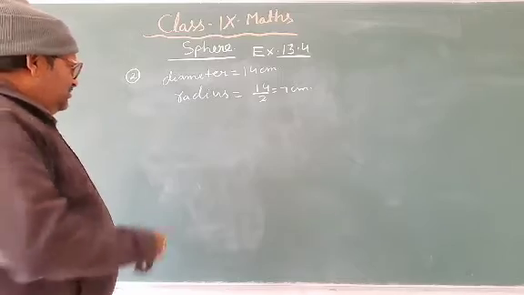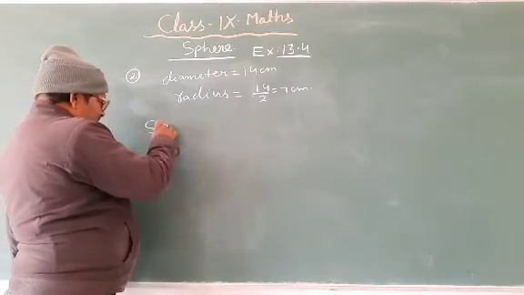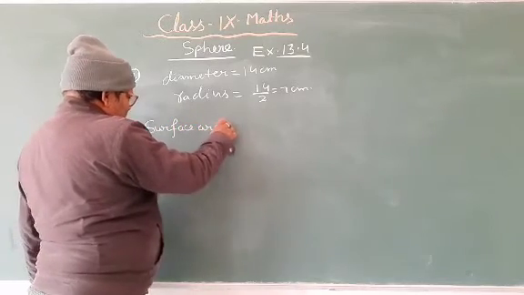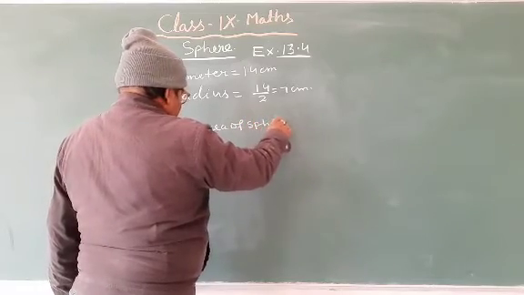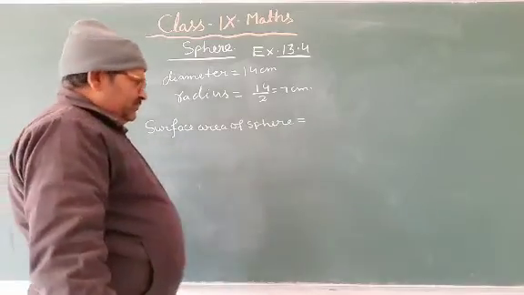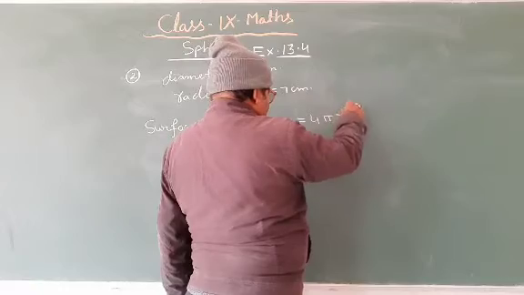Then find the surface area of the sphere, equal to 4 pi r square.